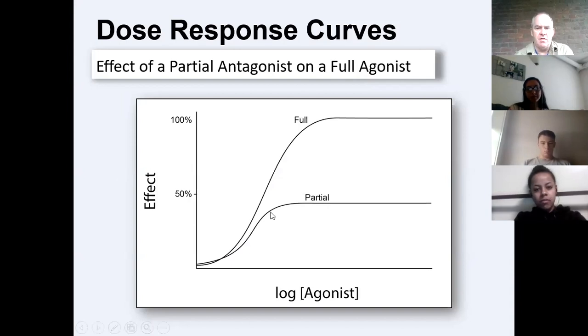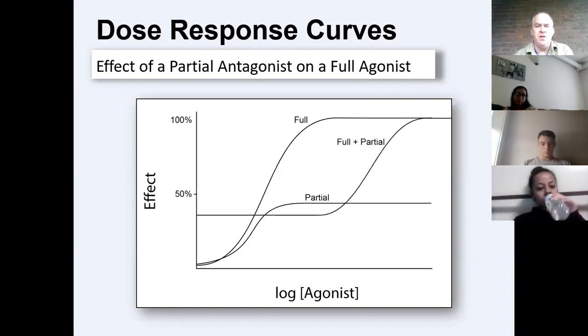We take like this concentration of the partial agonist, we put it in there to begin with, we find the effect. Now our experiment is, once you're at that effect level, you start adding higher and higher concentrations of the full agonist. So what happens there is, okay, this is just the partial. Now you start adding full, seems to have no effect, but you go to high enough concentration of full, now it starts to outcompete the partial, and eventually you can get to full effect, okay?